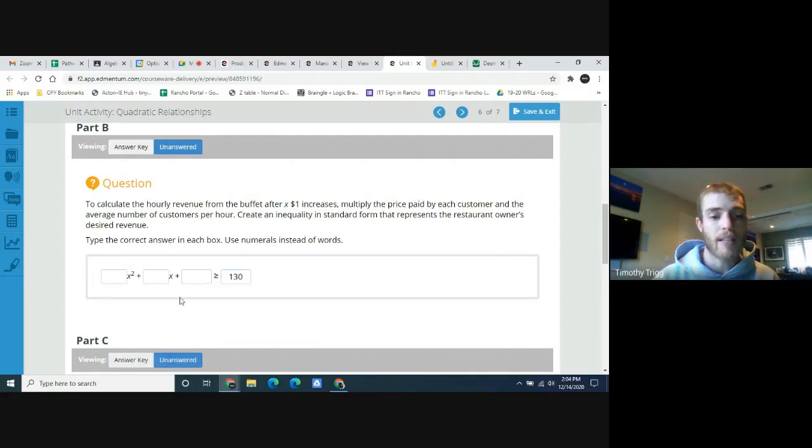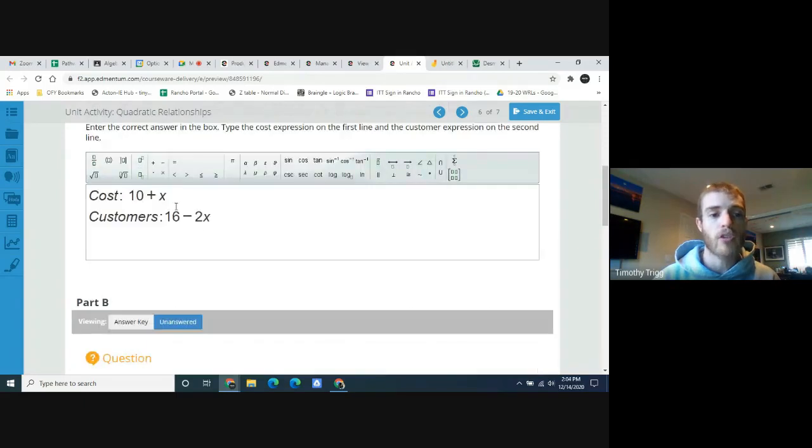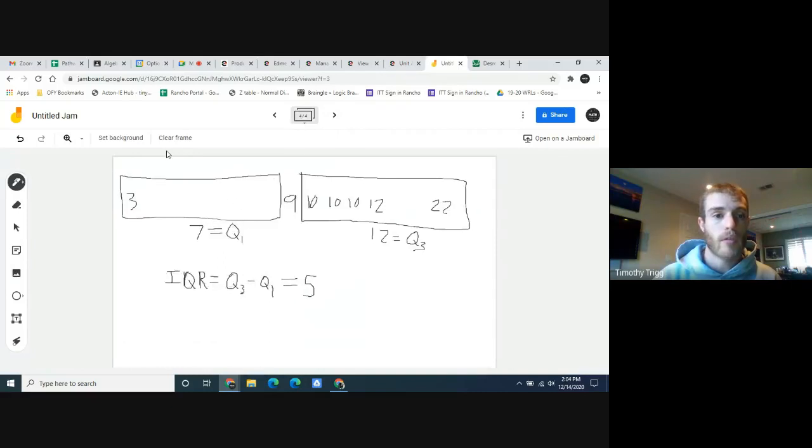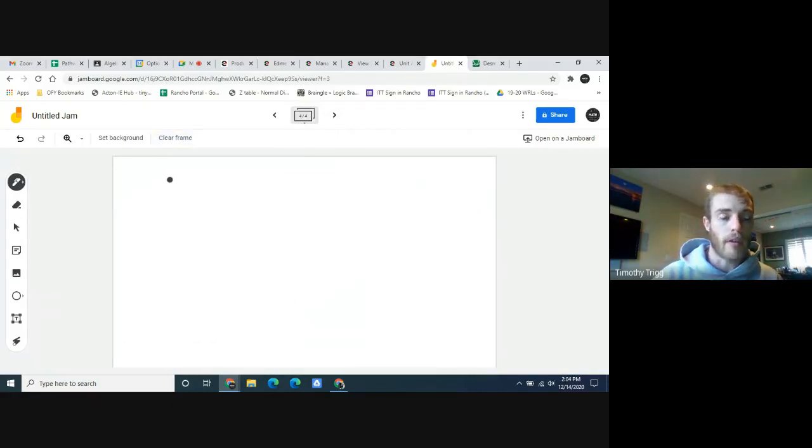Let's figure out this revenue equation by multiplying these two together, because the cost times the number of customers will give us how much money they're bringing in. So the cost was 10 plus x.